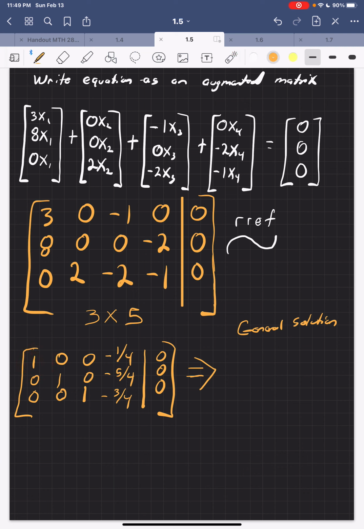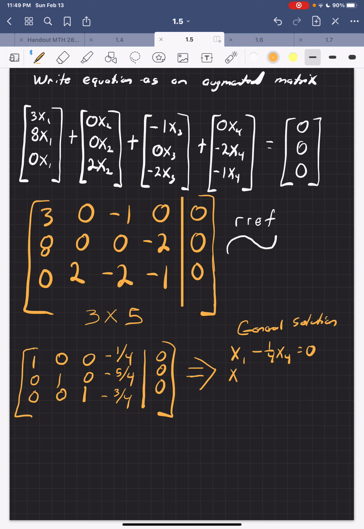Let me go ahead and write it. So this is our system. Just for you, I'll write it: x sub 1 minus 1/4 x sub 4 equals 0.